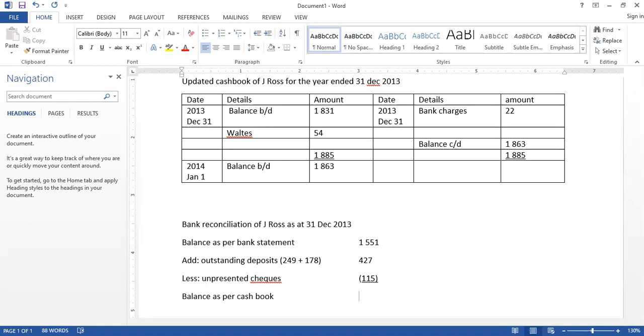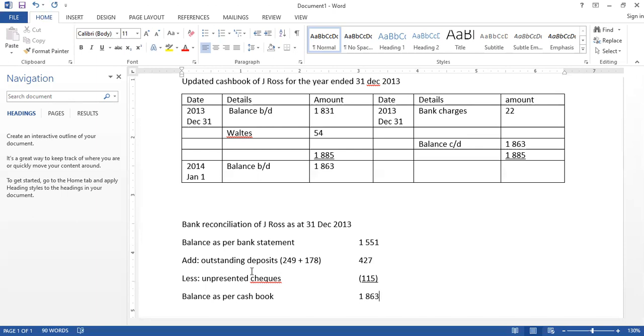You start with the balance as per bank statement, which is 1,551. You add your outstanding deposits of 427, and then you minus your unpresented checks of 115. How much are you getting? 1,863.